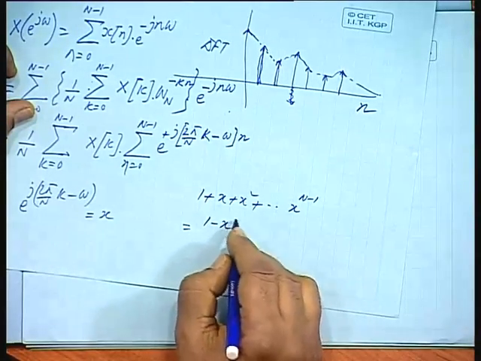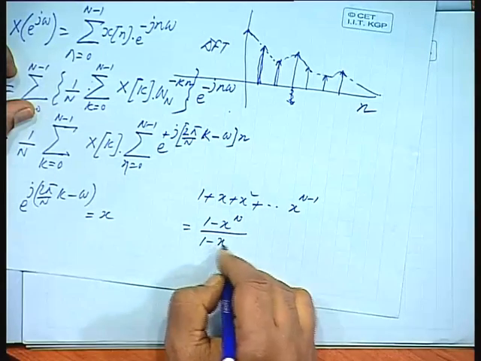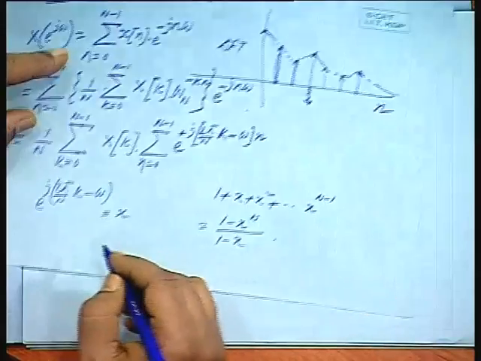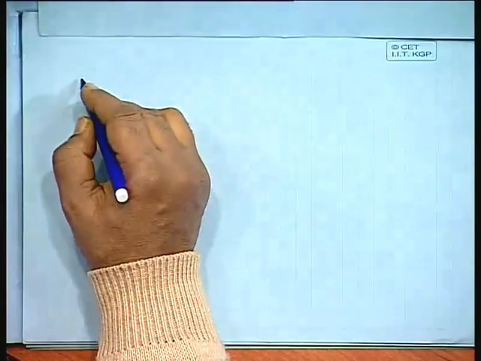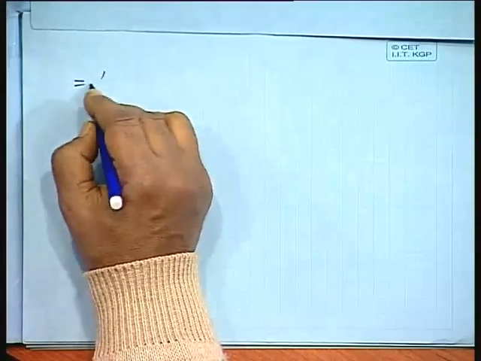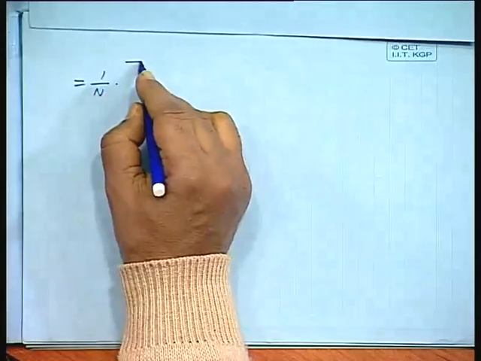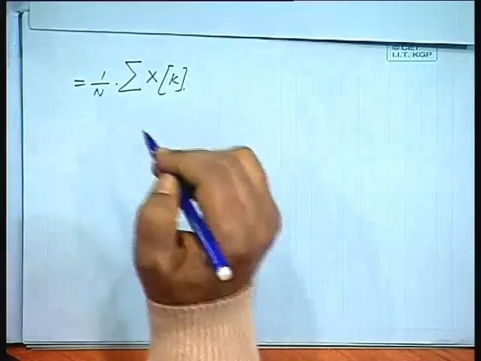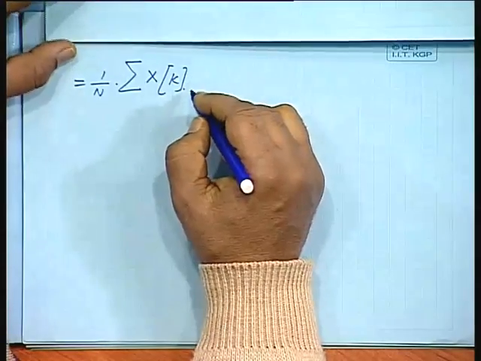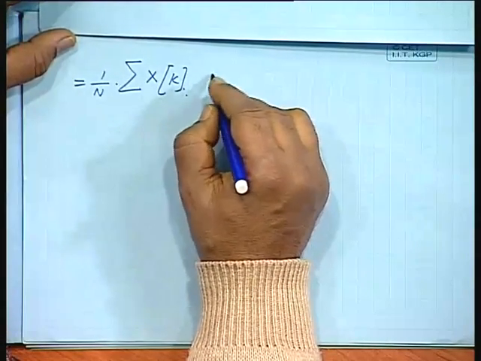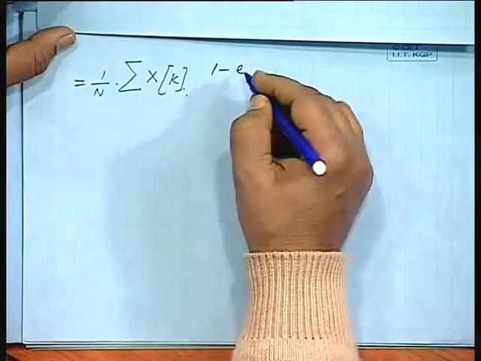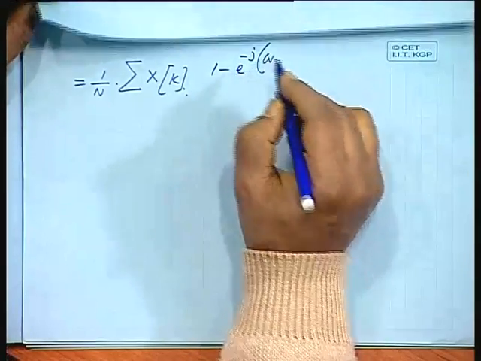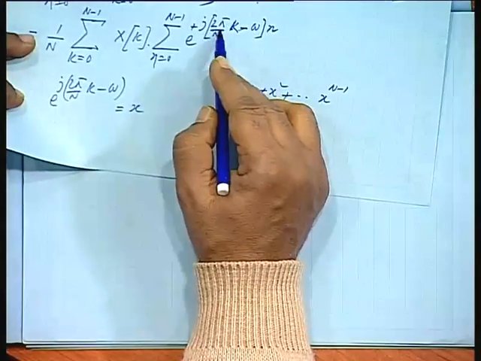So, 1 minus x to the power n by 1 minus x, is it not? So, we can write this as equal to 1 by n summation x_k, then 1 minus e to the power minus j omega. I can always take omega on this side.